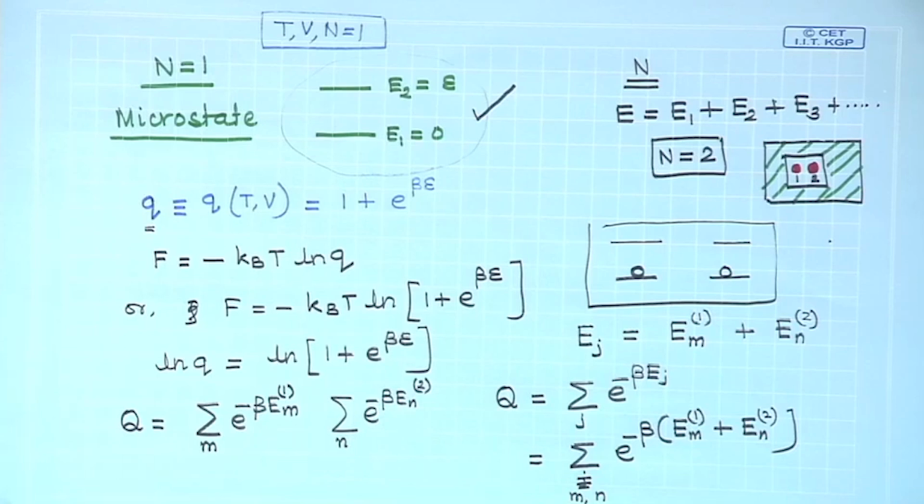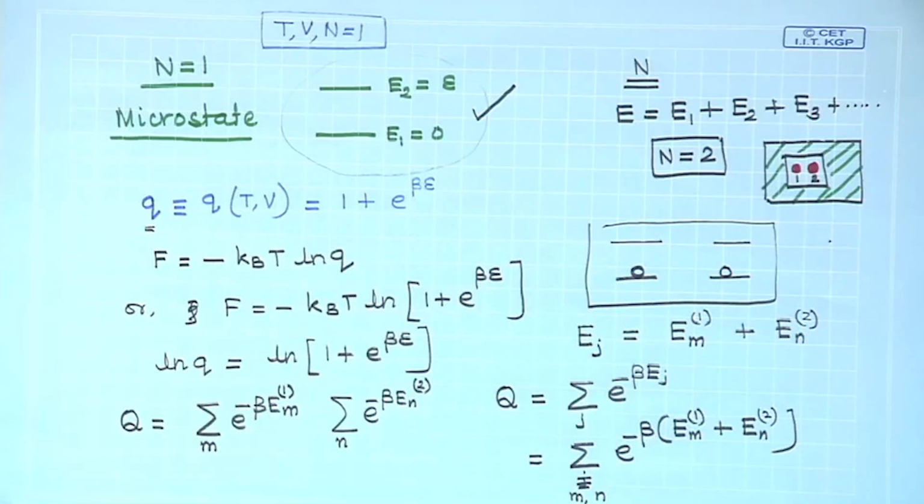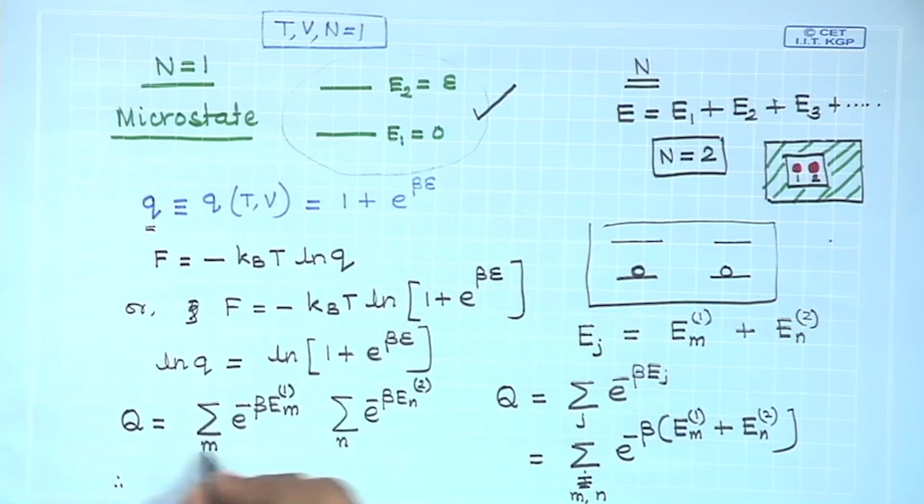But as I said, both the particles have the same underlying microscopic structure, and therefore, I can say that this is the single particle partition function for this two-state system.